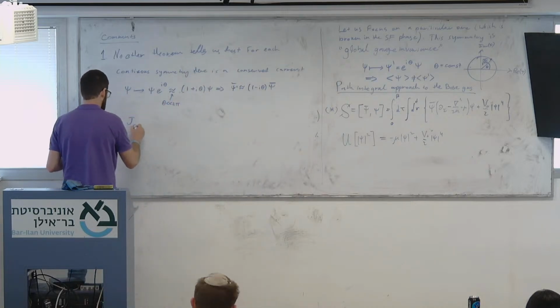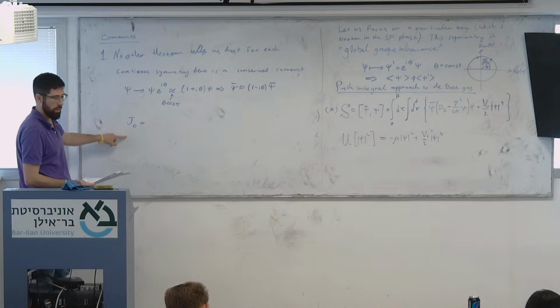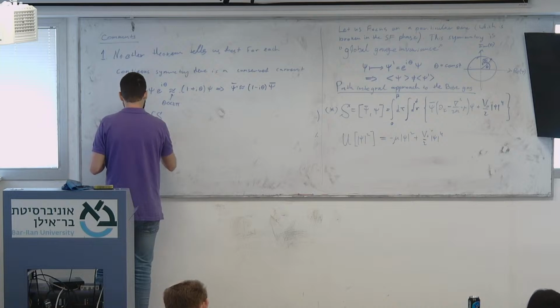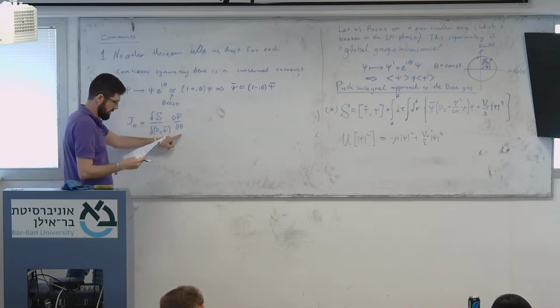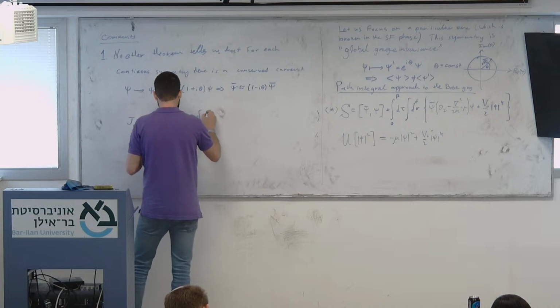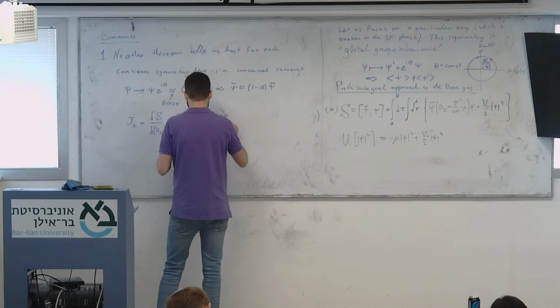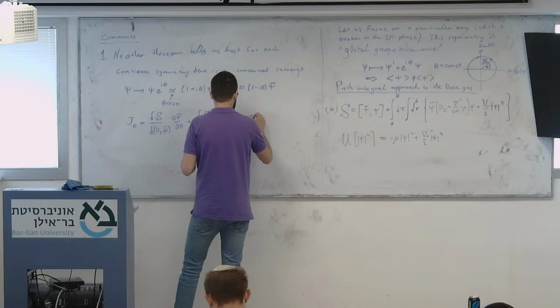And then I'm writing the current. This is the 4-momentum. The 0 component is delta S over delta d tau psi bar, d psi bar over d theta, plus delta S over delta d tau psi, d psi over d theta, and this becomes i times psi bar psi.